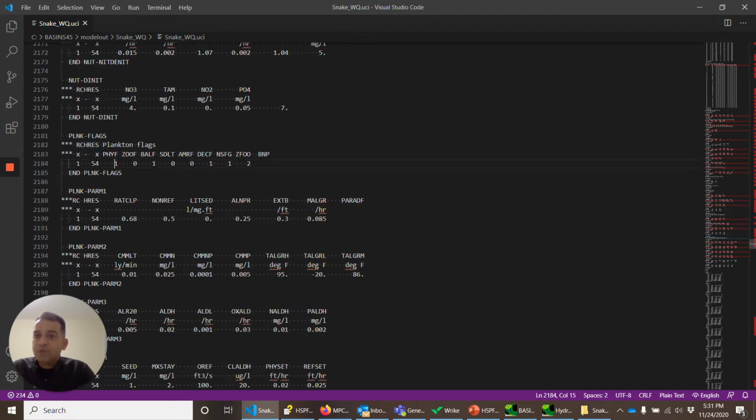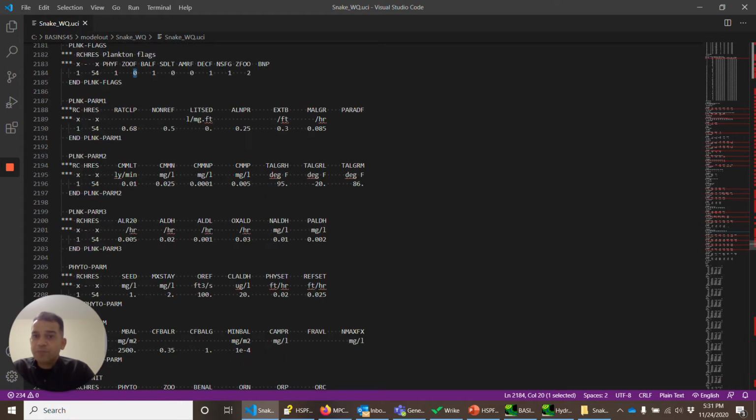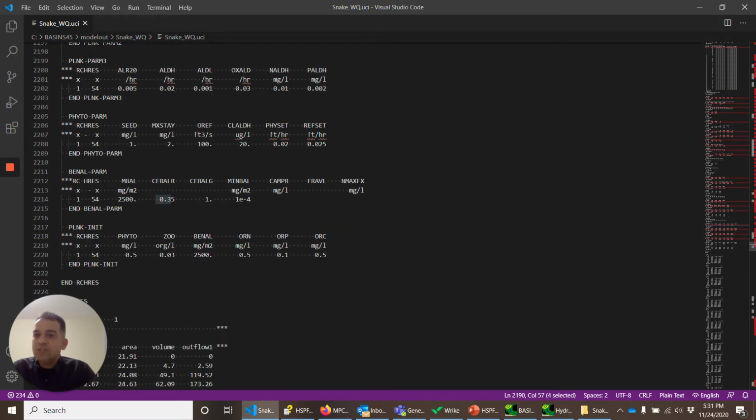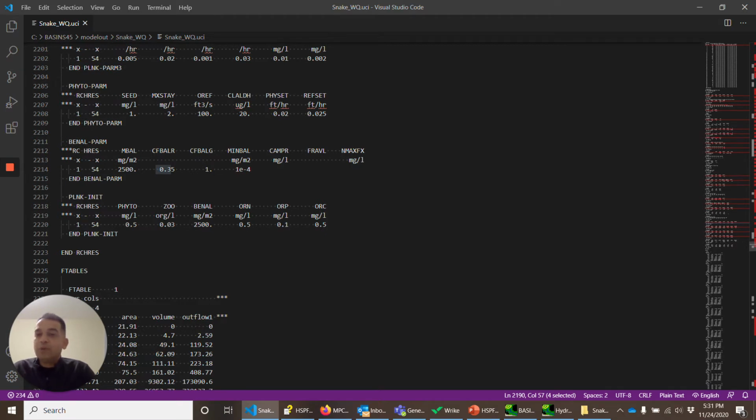Plankton, phytoplankton, zooplankton, whether those will be simulated or not. Then again, these are parameters: maximum growth rate, the extinction coefficient for light, optimum temperatures, and multiple other parameters used for simulating phytoplankton.